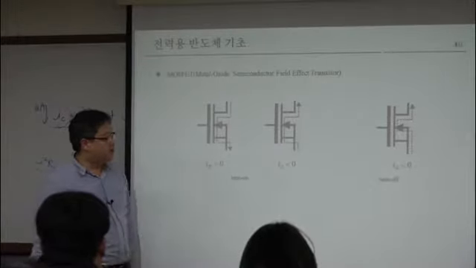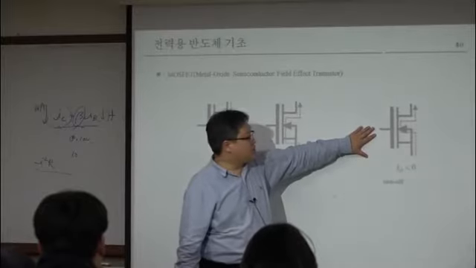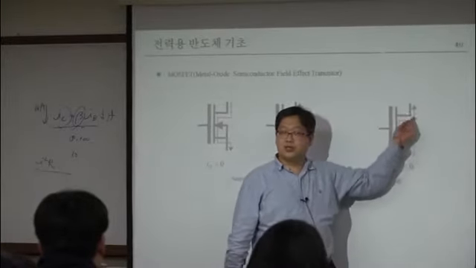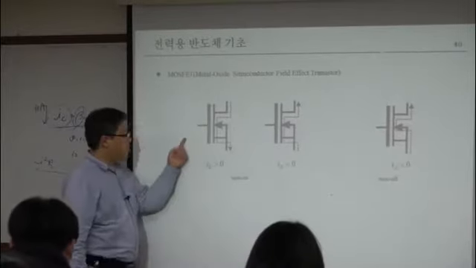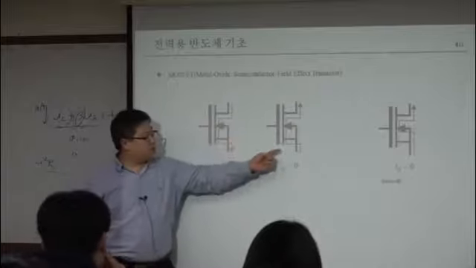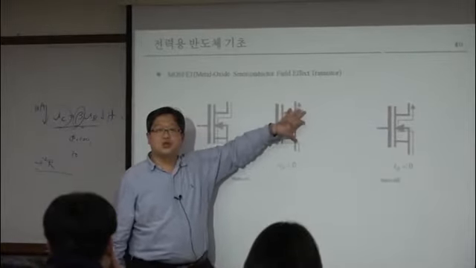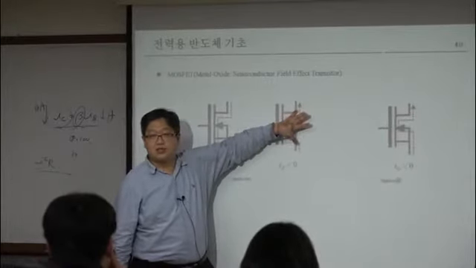For example, first here, if you turn off the gate, the reverse current can flow through the diode, right? But if you turn on the gate, the reverse current can flow through the channel according to the voltage drop of the VDS. What does it mean?